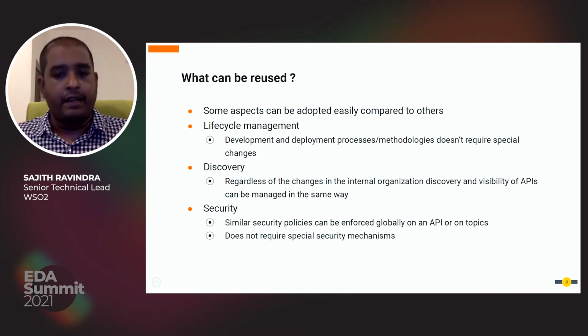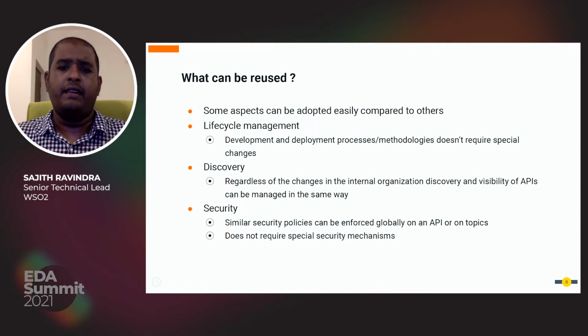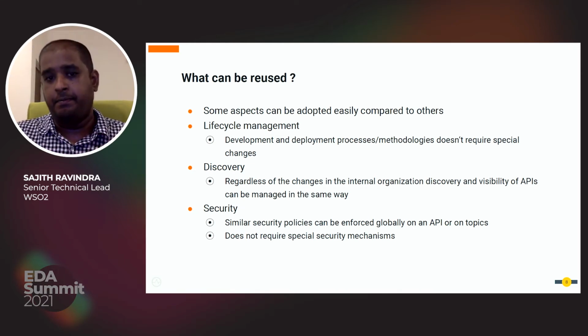And likewise, security. As far as streaming API is concerned, we can still use the same security mechanisms such as OAuth, API key. The fact that this API is managing a set of streaming endpoints does not demand a change in how a client application is authenticated at the API level, right?